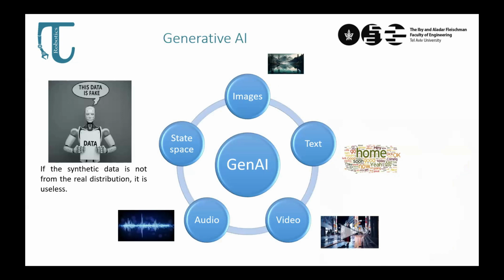As we know, Gen AI is something we've been interacting with a lot, with DALL-E and ChatGPT and the like. When we started working on this a couple of years ago, these things were just starting to come. But less explored is how we generate data in the state space of these robotic systems.